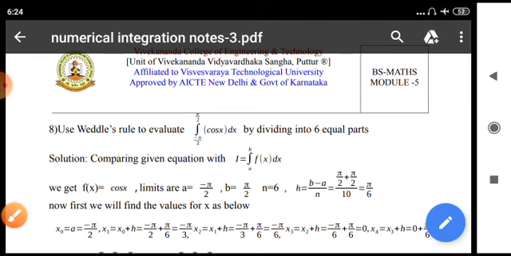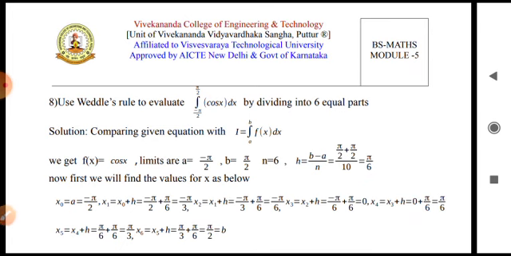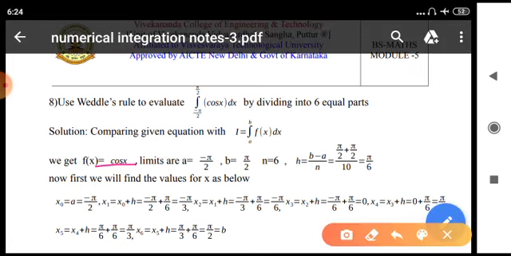So the first step is comparing the given equation with integration from a to b of f of x dx. We get f of x as cos x, a as minus pi by 2, b as pi by 2, n as 6. So h will be (b minus a) by n, that is pi by 2 minus of minus pi by 2, which becomes plus pi by 2.